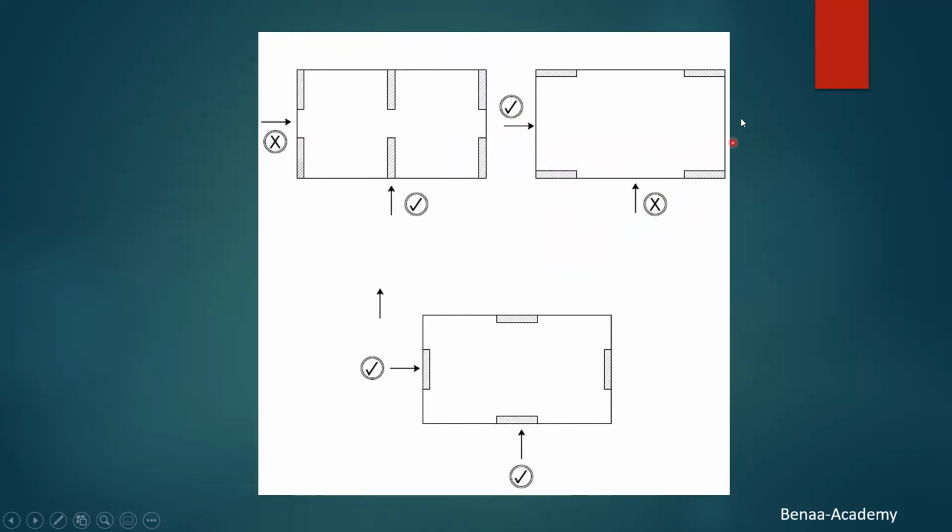This one is stiffer. In this case, do we have equilibrium or not? You can see this one is resisting in the x direction, and this one is resisting in the x direction, and this one is resisting in the y direction, and this one is resisting in the y direction. So this is a pass scenario.